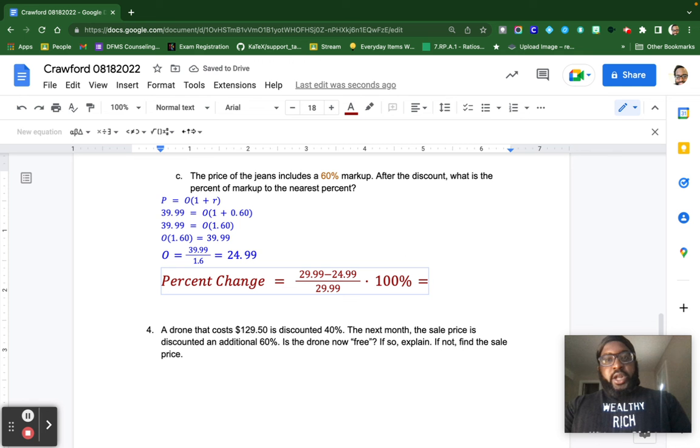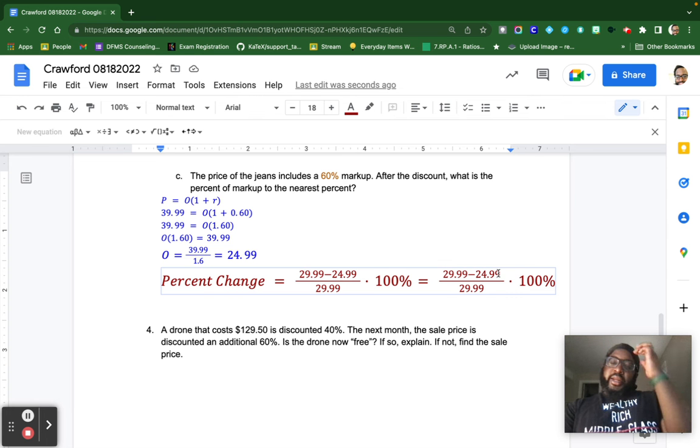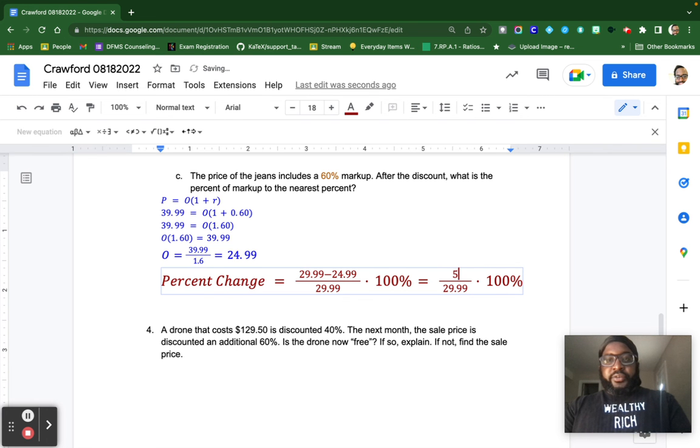So we know that 29 minus 24 is 5. And we know that 99 minus 99, and I'm separating it by the decimal, is 0. So we can have 5 here. And then we'll have 5 times 100.